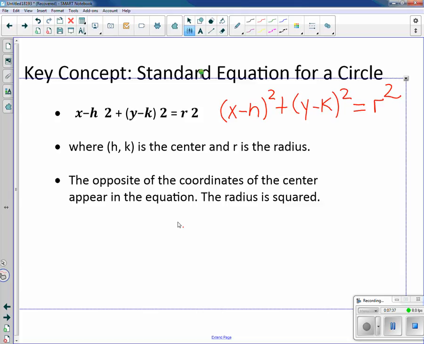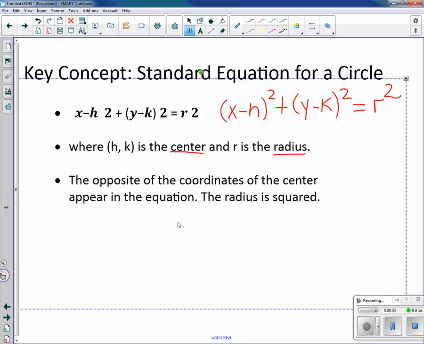Now, (h, k) is the center of the circle. h and k represent the center, and r represents the radius. Here is the key. This is the key information you need to know.